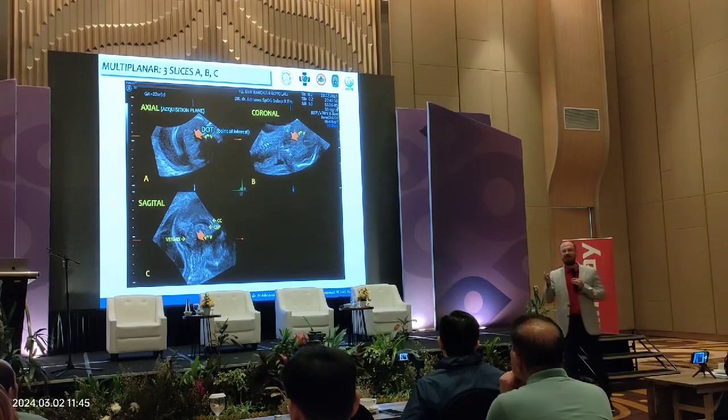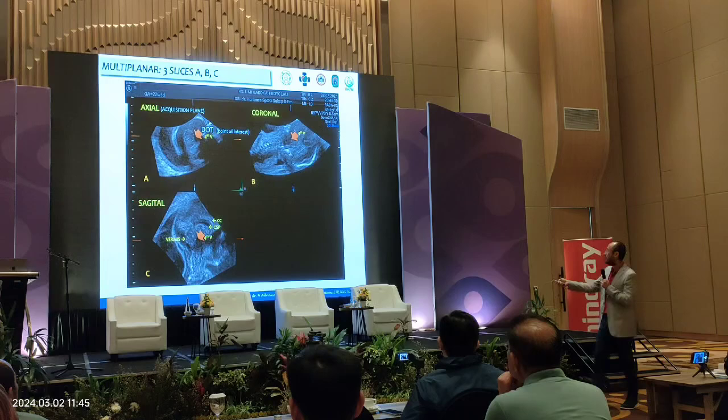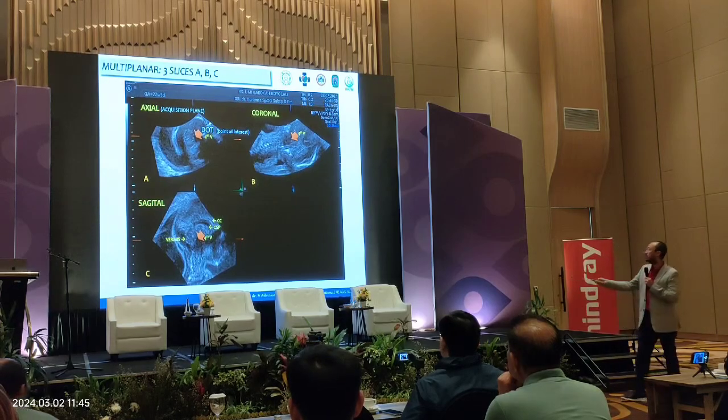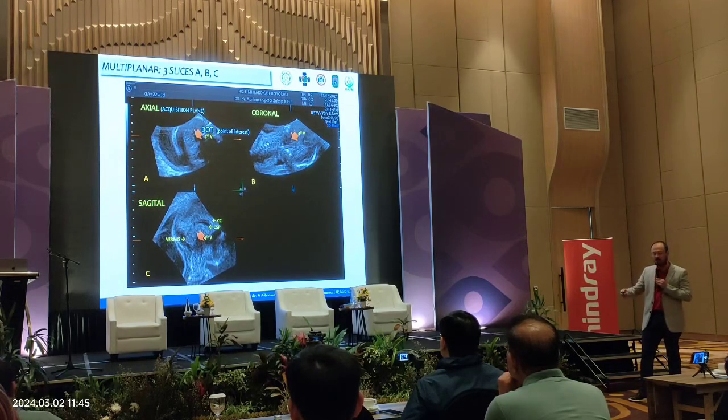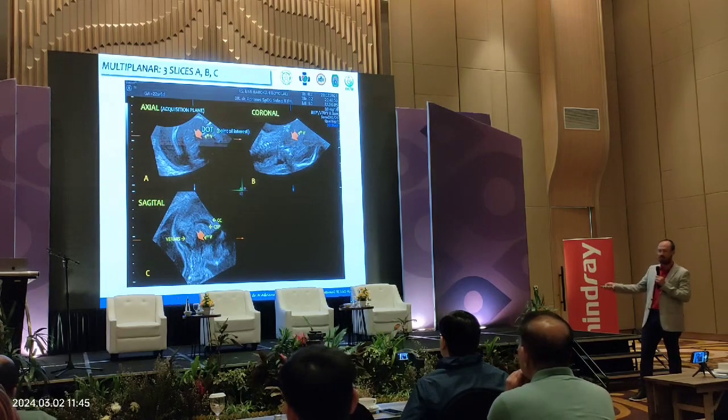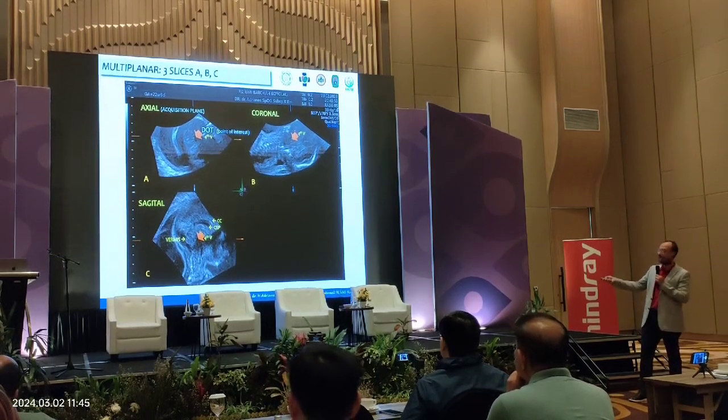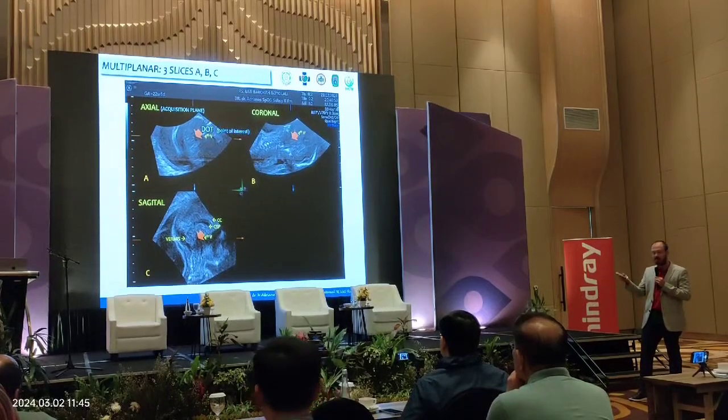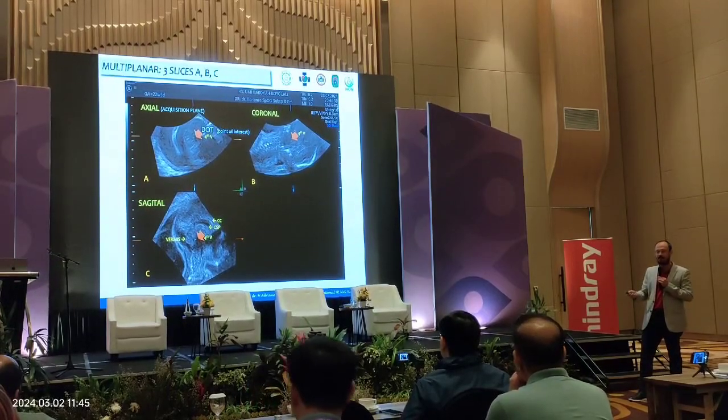We can only cut very clearly in the axial plane. So we use the axial plane to obtain the sagittal plane by using multiplanar. And this is the coronal, which we can also investigate. But here we can best appreciate the sagittal plane by using the axial for the first cut and then multiplanar.